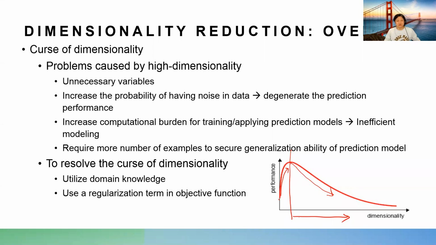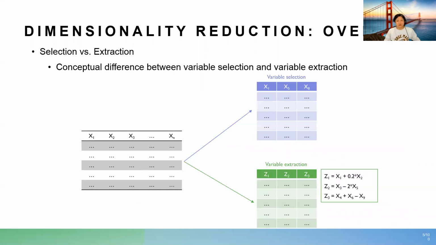And then you can also use some advanced statistical techniques with a regularization term. I will talk more about this one. And you can also employ a quantitative reduction technique. Any questions? No? Okay.